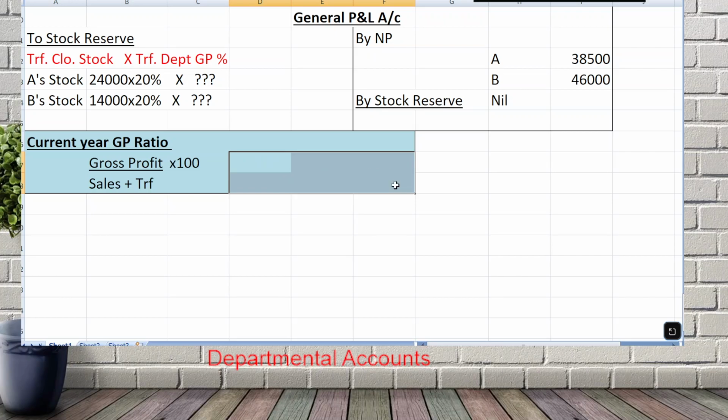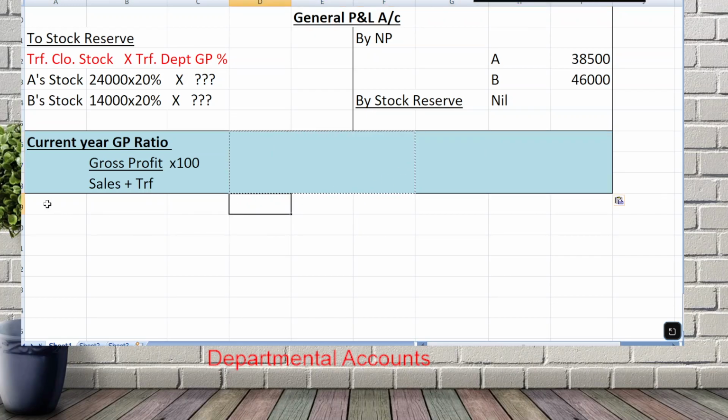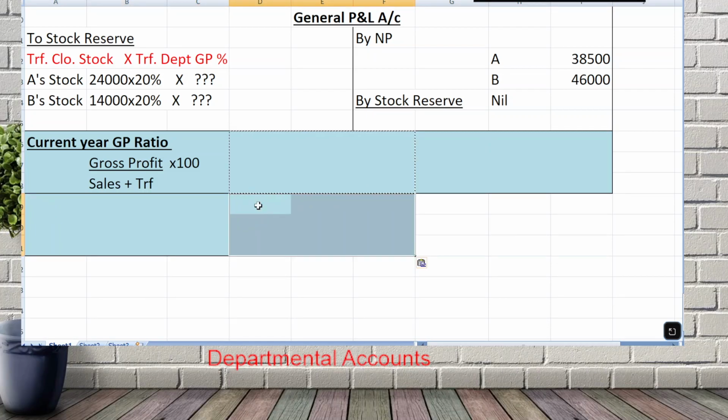We want both for A as well as B. Wait, sales plus transfer of which goods? Finished goods minus return. Don't forget. Returns have been made. Sales plus transfer of finished goods minus returns, into 100.